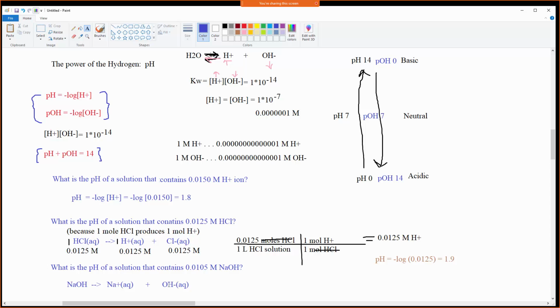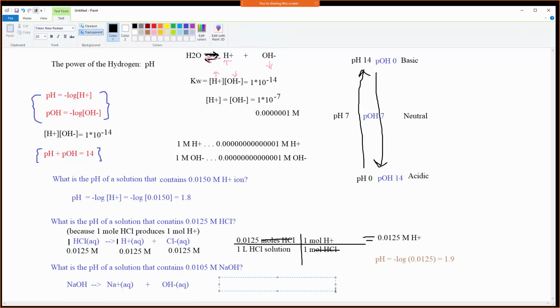All right, does it dissociate completely? Yes, it does, because this is an ionic compound and sodium is always soluble. So we can just say, all right, if I started with 0.0105 molar NaOH, what I really have is 0.0105 molar hydroxide.